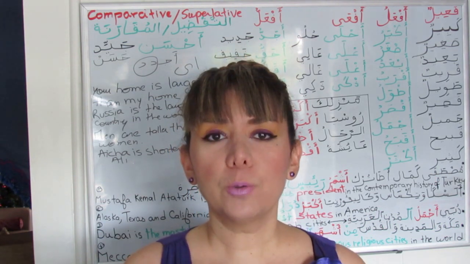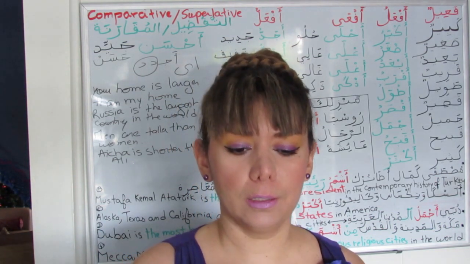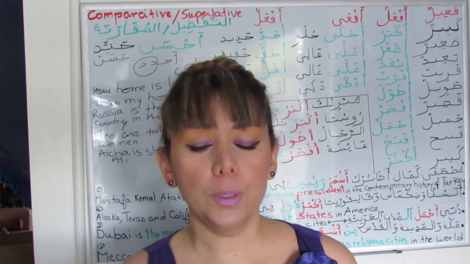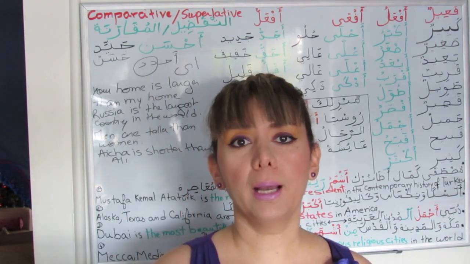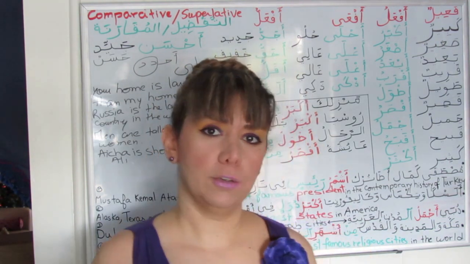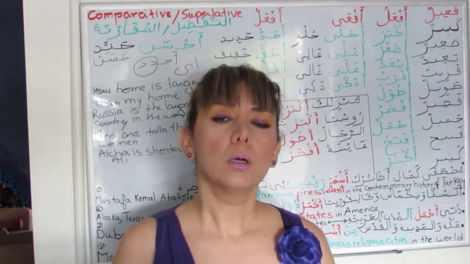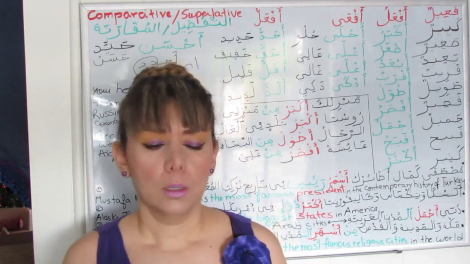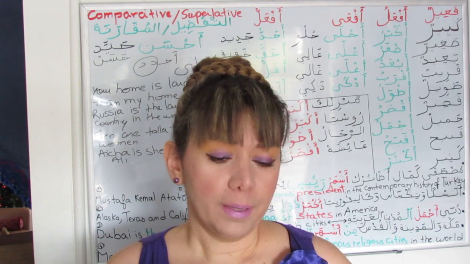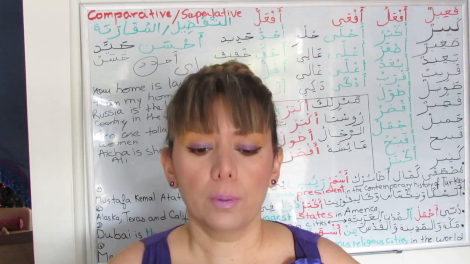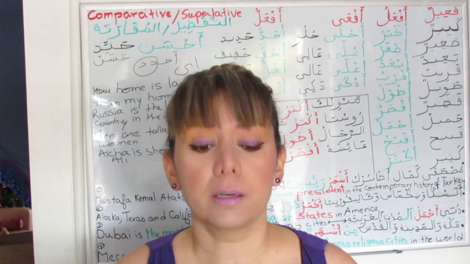We have to note that this is different from English, because in English we use more followed by the adjective. For example, beautiful, more beautiful. While in Arabic, we use the verbal noun, al-masdar.